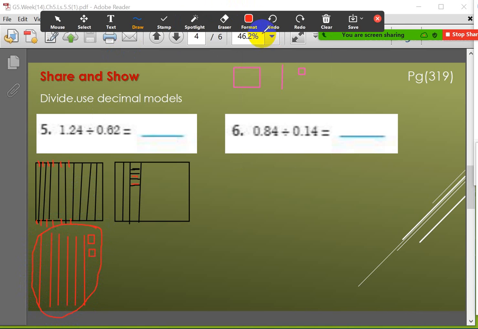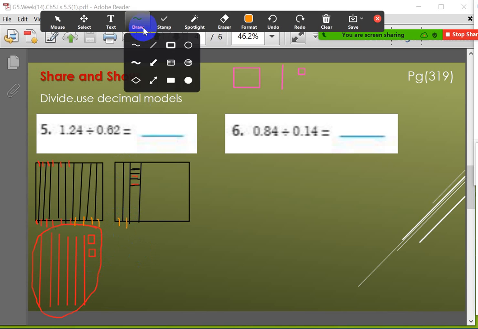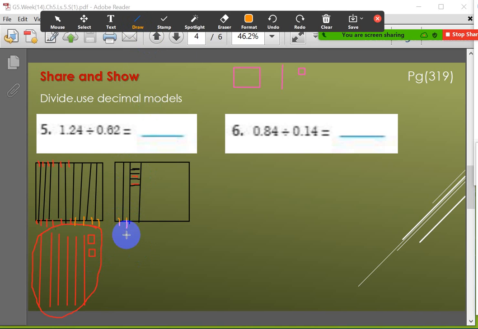Okay, I will choose orange now to find the second one. I have to count 10 longs. 6 longs, I'm sorry. 1, 2, 3, 4, 5, 6. So those 6 longs here.